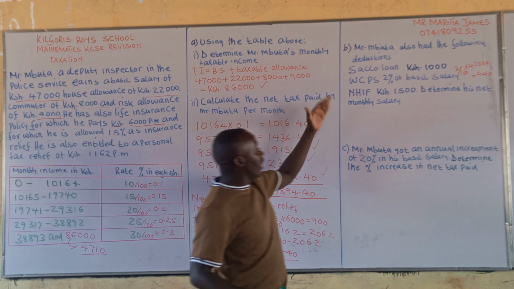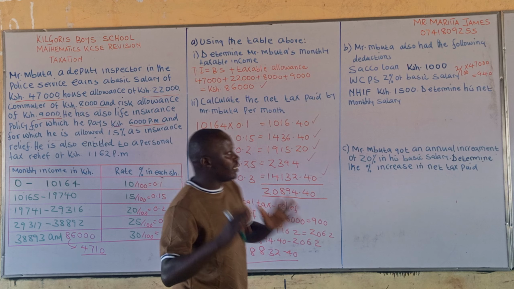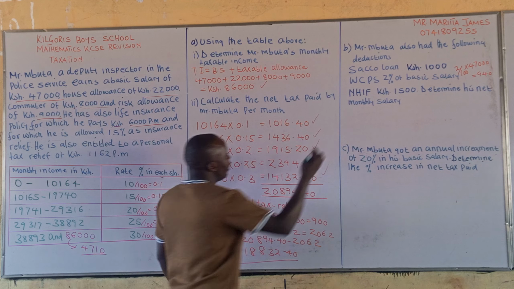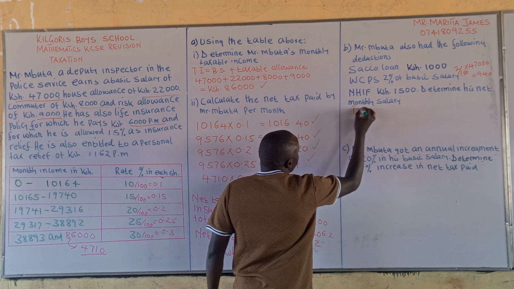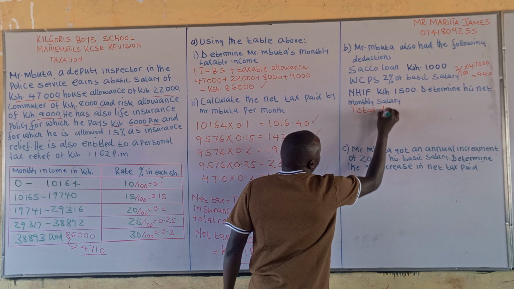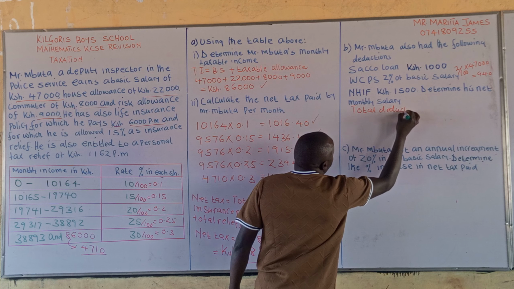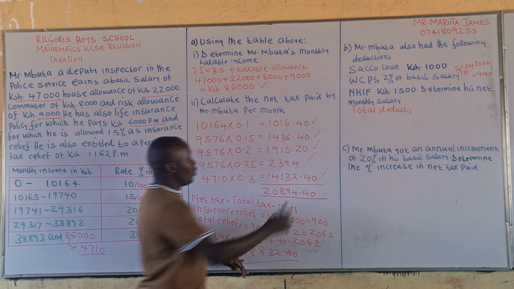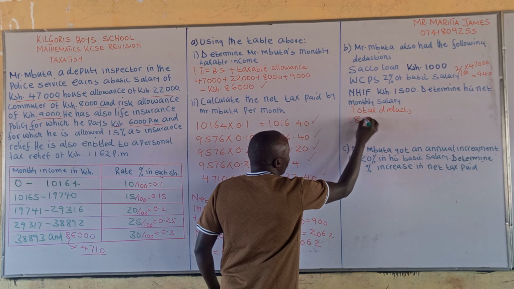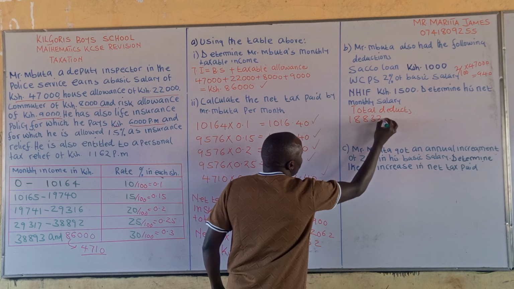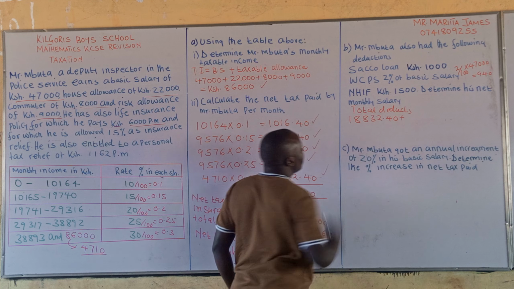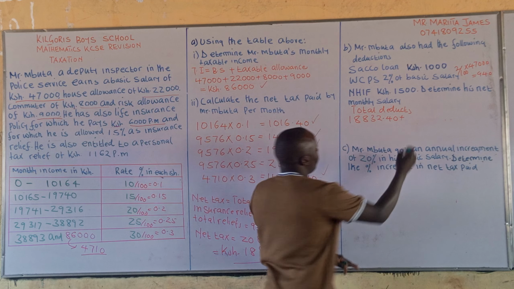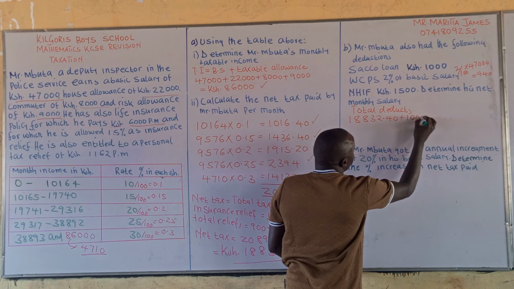We are supposed to calculate the net monthly salary, so we need to get the total deductions. This one here is our major deduction, so we have 18,832, plus a Sacco loan of 1,000.